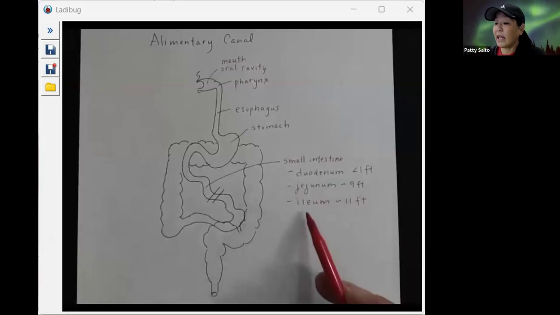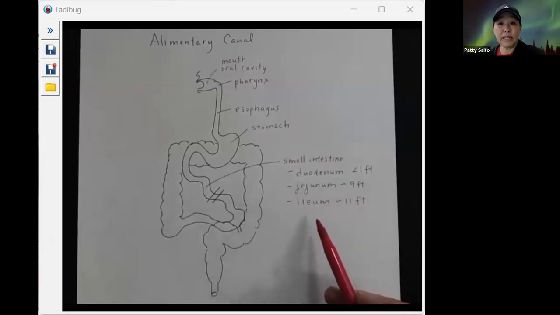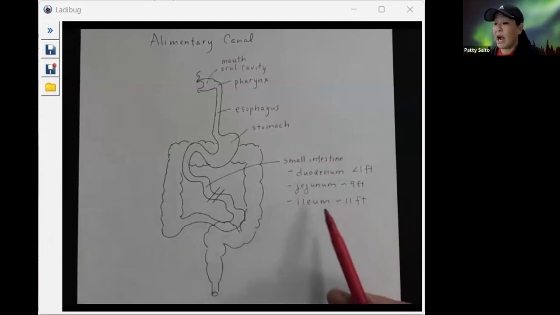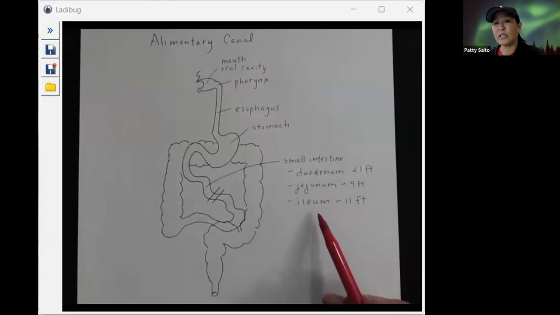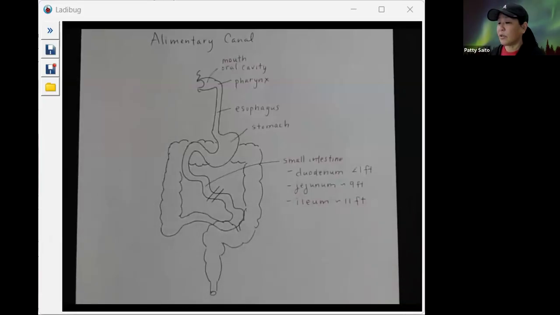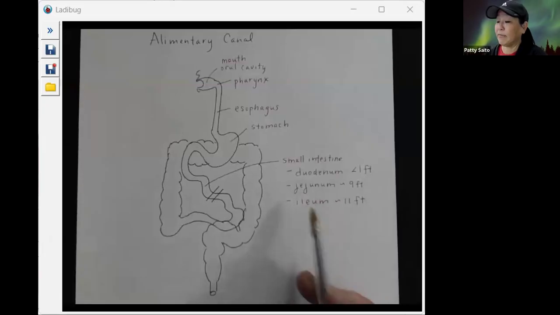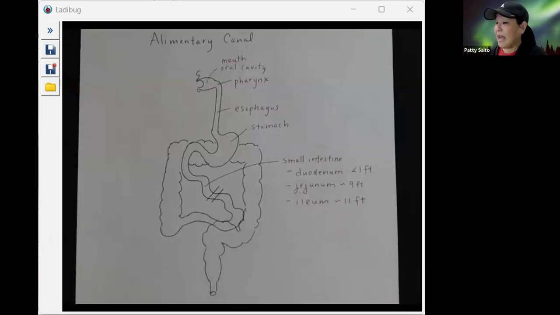So ILIUM is a bone. It's part of the pelvis. ILEUM is part of the small intestine. 2 completely different structures, systems, but they sound the same. And so someone who records things needs to be precise in medicine, because it could make a difference in what you do. All right.